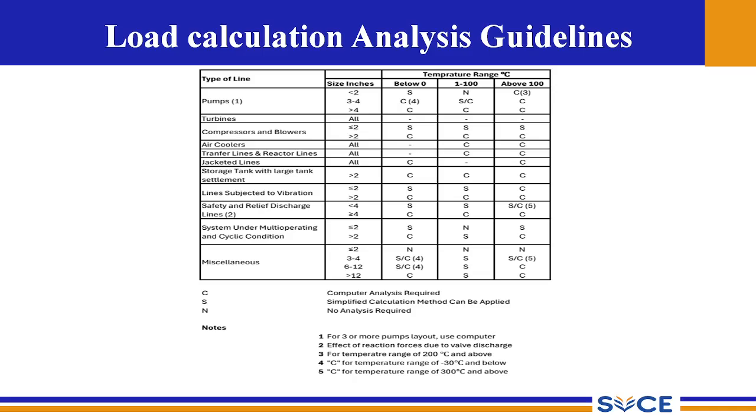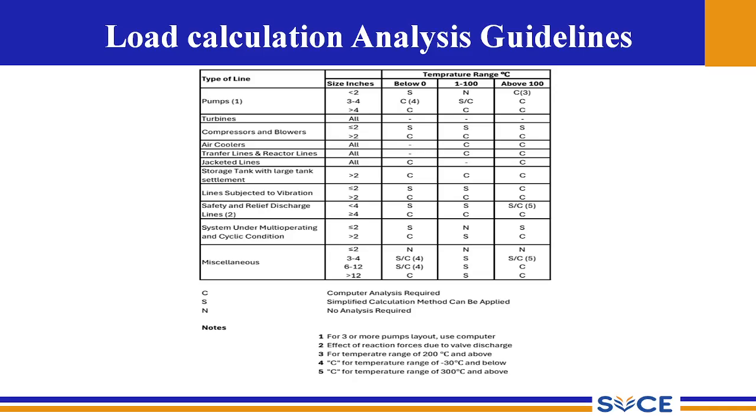Then in the case of other scenarios which are not covered in this table, for less than 2-inch lines, we normally do not perform any analysis. Then for 3 to 4 inches, depending upon the temperature range less than minus 30 degrees, we go for the computer based analysis.